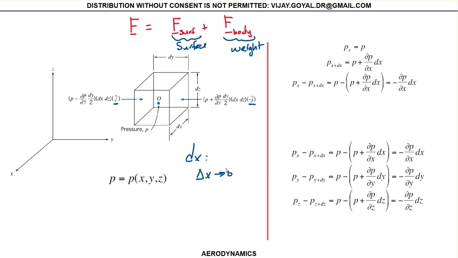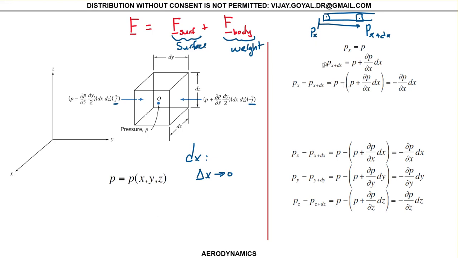It's basically a point. Okay, so if I was going to do everything in the x direction, let's say, on one side I have p, and then p plus dx, the variation as I go from one point to another point. I have a fluid there, and I have a fluid here in the x direction. I take an element there. The pressure here would be p of x plus dx. The pressure here will be p of x.